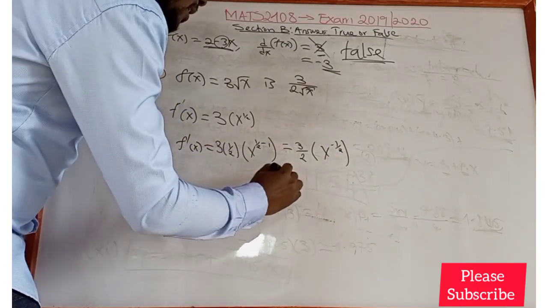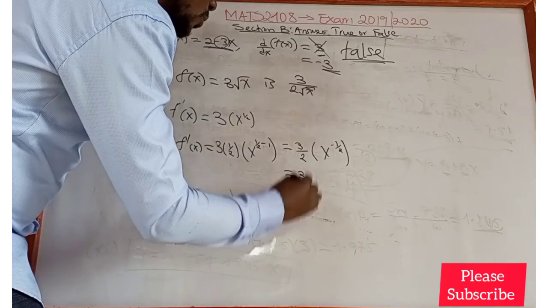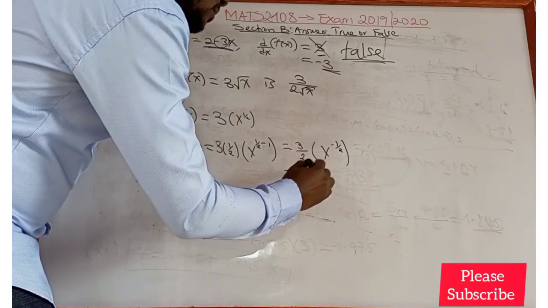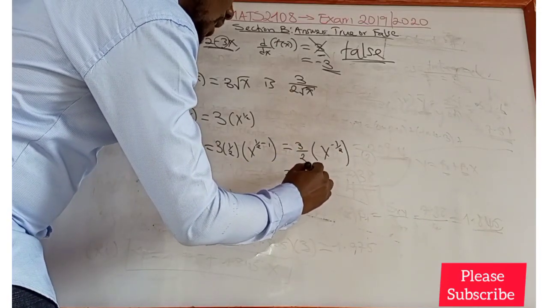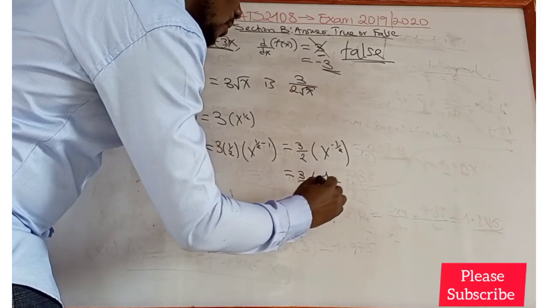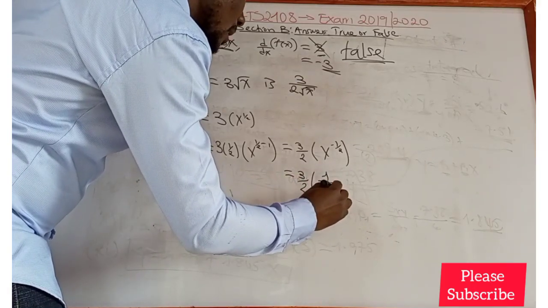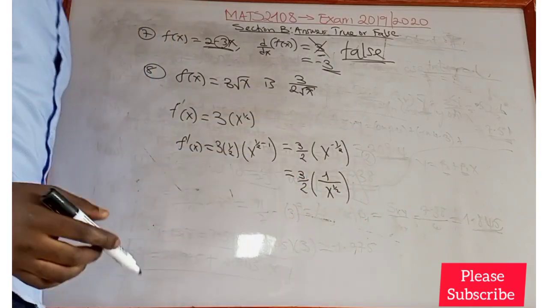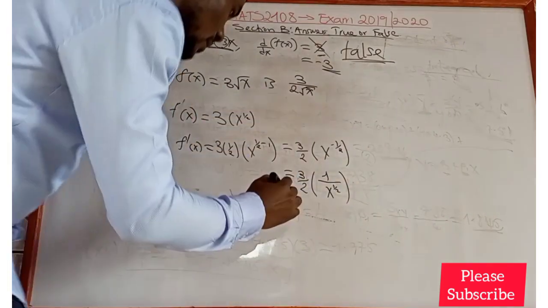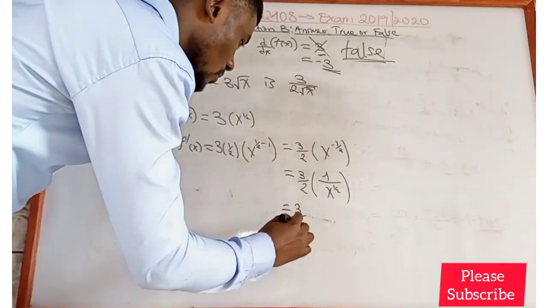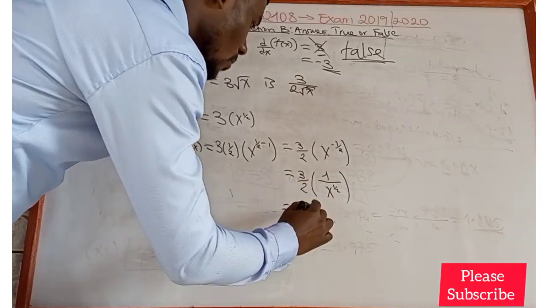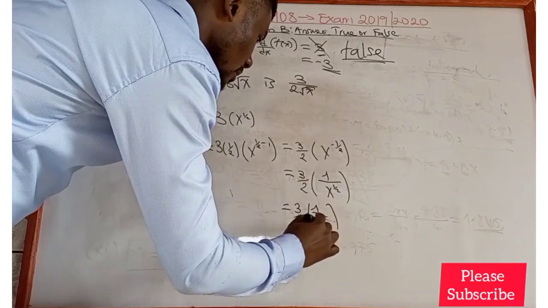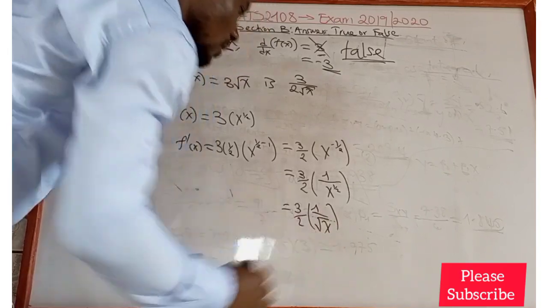And of course, we can write this as 3 on 2 times 1 on x to the power half, because of this negative here. So we take it down as a fraction from laws of indices. And again, this is equal to 3 on 2 times 1 on the square root of x.